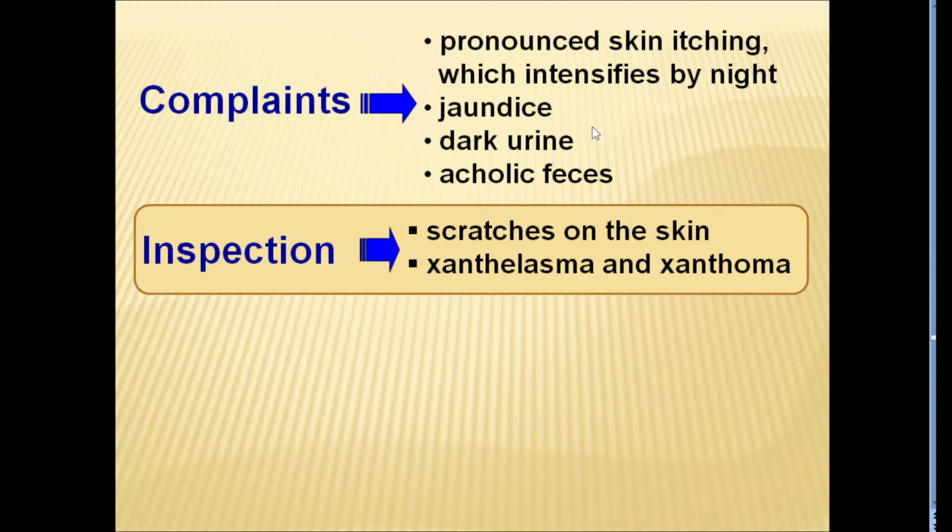We can see scratches on the skin due to skin itching, and we can see the result of disordered fat metabolism, because it is part of the cholestasis syndrome. As a result, we can see formation of specific yellowish plaques on the eyelids, xanthelasma, and elbow xanthoma.